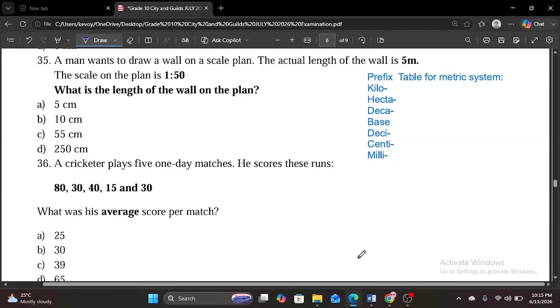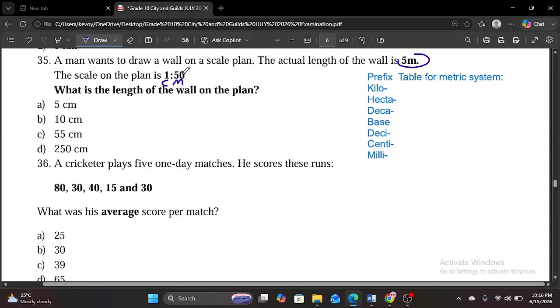So if the length of the wall is actually 5 meters, and the unit of the length on the plan is in centimeters, then this one right here is going to be 1 centimeter to 50 centimeters.